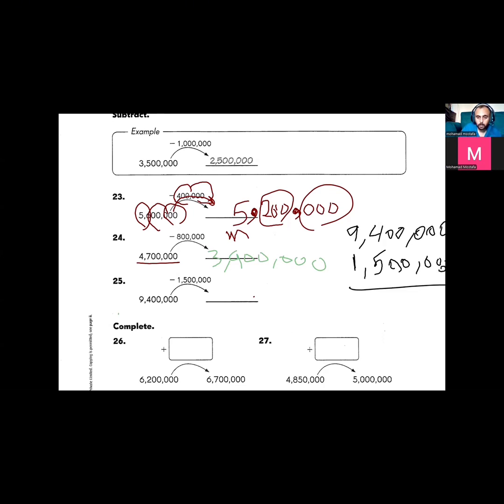The first 3 zeros minus the first 3 zeros, the period of ones has no numbers, and the 2 zeros minus 2 zeros. Then 4 minus 5 can't be, so we must borrow 1. 9 changes to 8, and the 4 plus 10 becomes 14. 14 minus 5 gives me 9, and here 8 minus 1 becomes 7. So my number is 7,900,000.